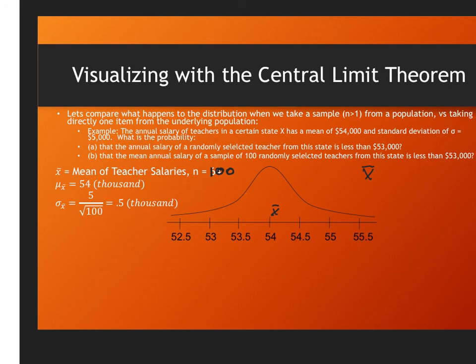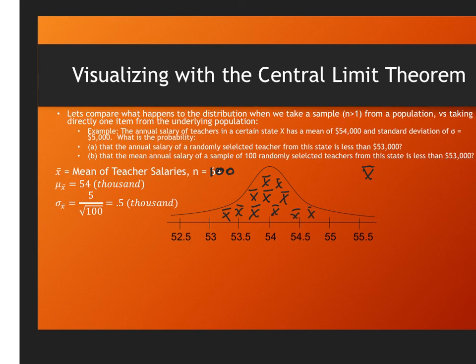So we take a group of 100, we take their average, we plot where it ends up. And let's say we continue doing that an infinite number of times. What we find is we get our own unique distribution of these X bars. And so this picture that we're trying to draw out here is that distribution.